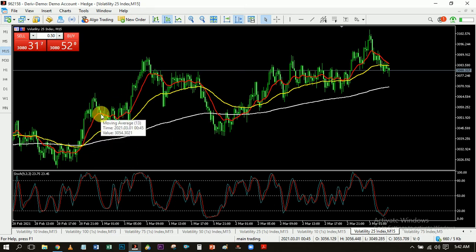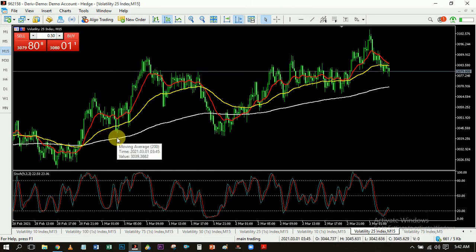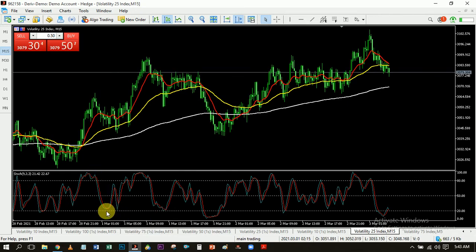That is, the red is above the yellow and the yellow is above the white, and we have an oversold condition here. That is a pullback that touches the 20 mark right here. So that is when we want to look at possible trades that we can take.